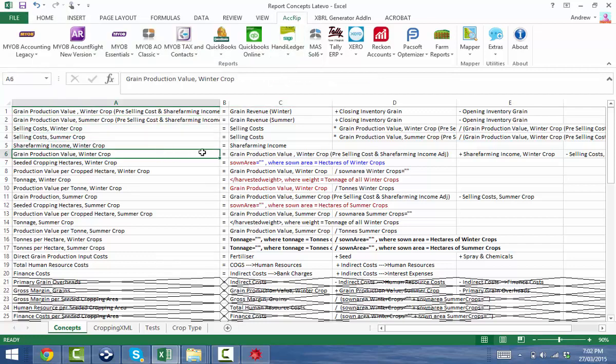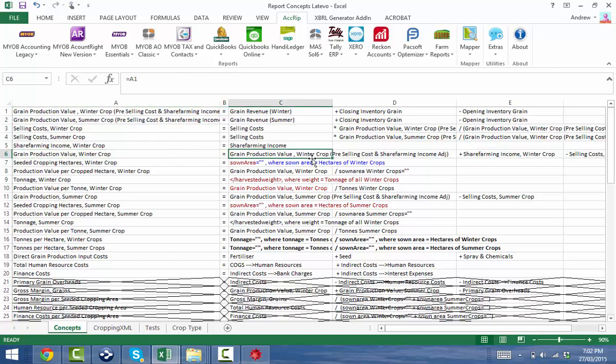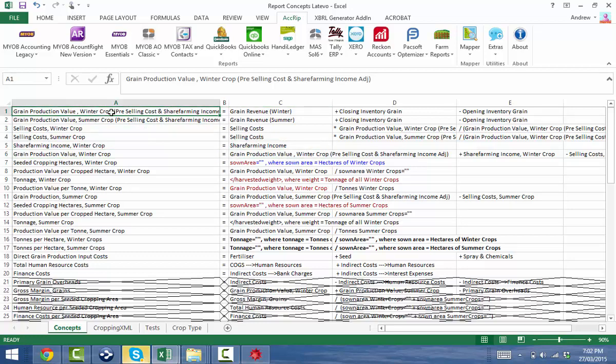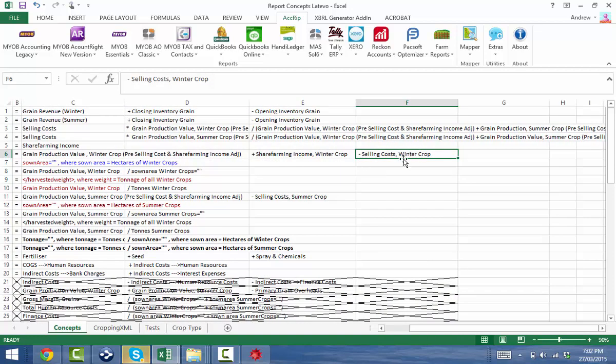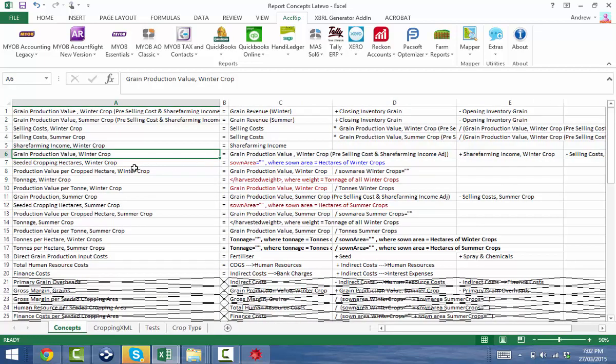Before I stopped, I got to grain production value winter crop and explained that it's the grain production value on the winter crop before we do the pre-selling, plus the share farming income on the winter crop minus the selling costs on the winter crop. Selling costs I've explained where to find. That's already there.